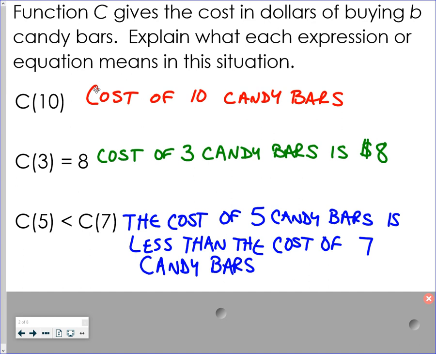Right? So we should be able to take things that are in function notation and be able to interpret them to say what that function notation really means.